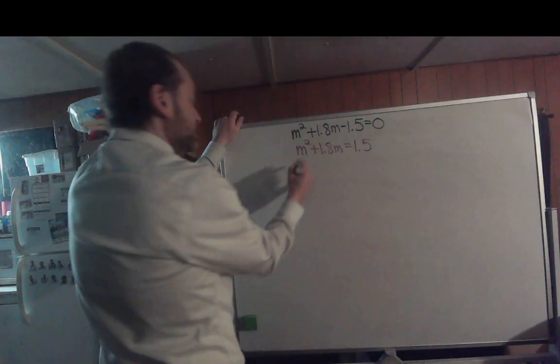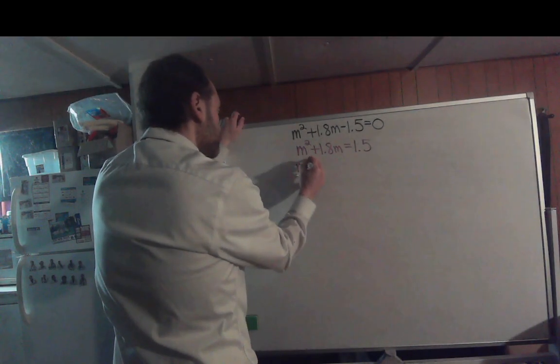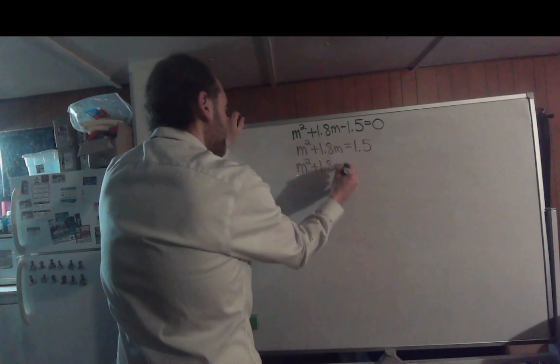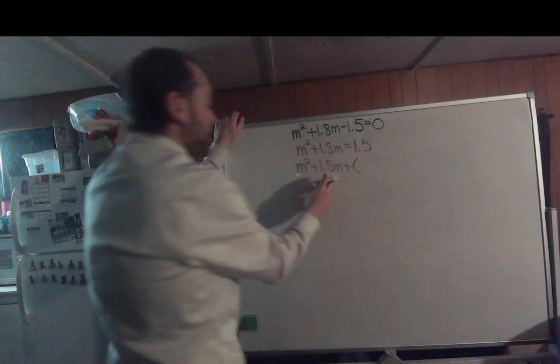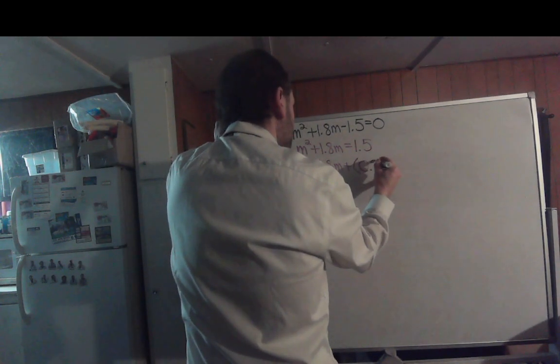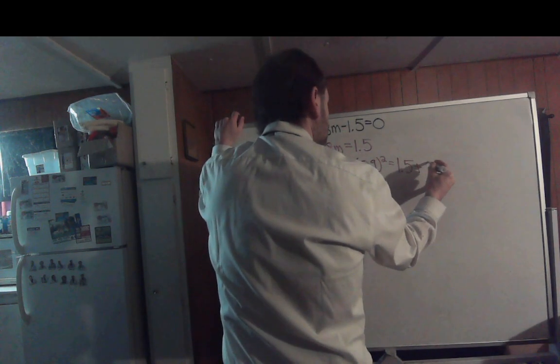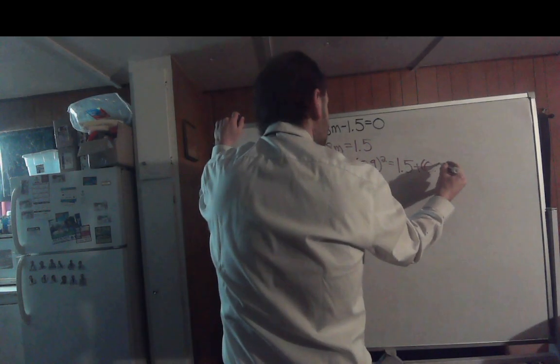Now we can complete the square. You'll end up taking m squared plus 1.8m plus, now what is half of 1.8? That's 0.9. We'll raise that to the second power, would end up equaling 1.5 plus 0.9 raised to the second power.